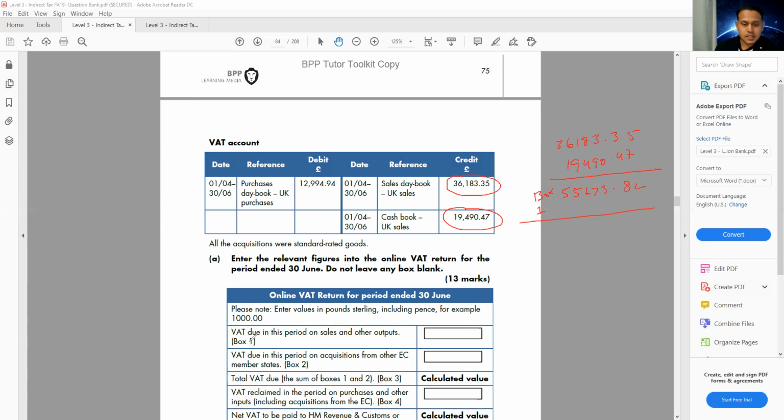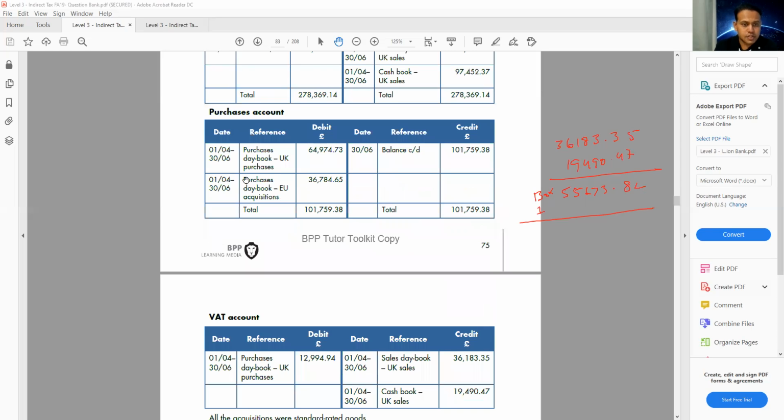How much is box 2? It says VAT due in the period of acquisition from EC member. So we have a purchase from an EC member, from a European country. So let's have a look how much we purchased from EC member. So this is our acquisition.